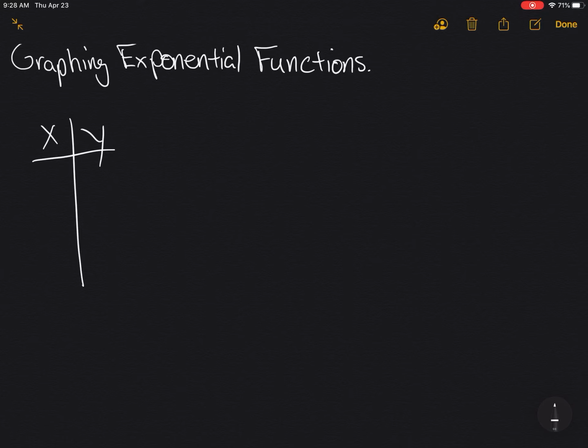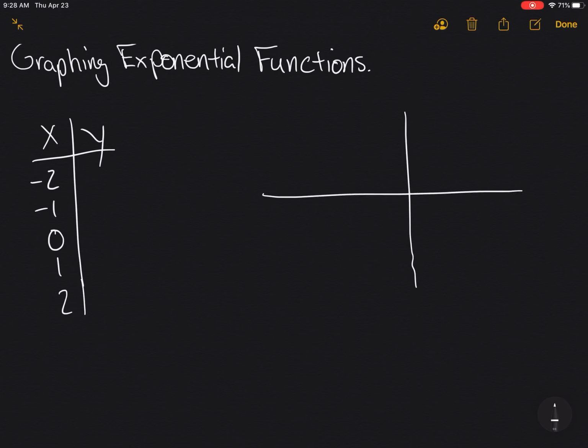So what we would do is we would have this x and y table. I want to check certain x values, and I would get out certain y values, right? So usually we did -2, -1, 0, 1, and 2. So I'm checking 5 x values, and if you look at a graph, those values are kind of centered around the origin.